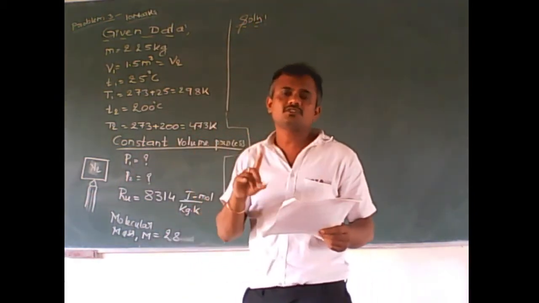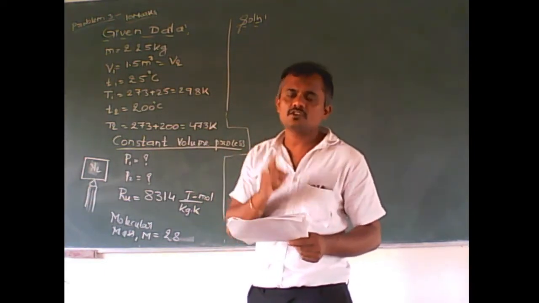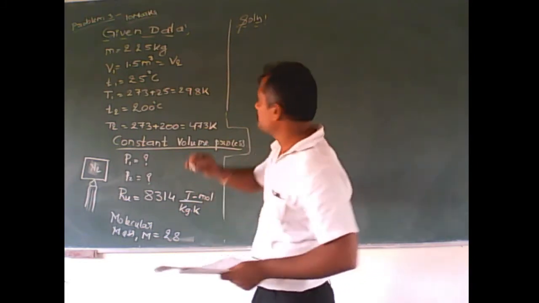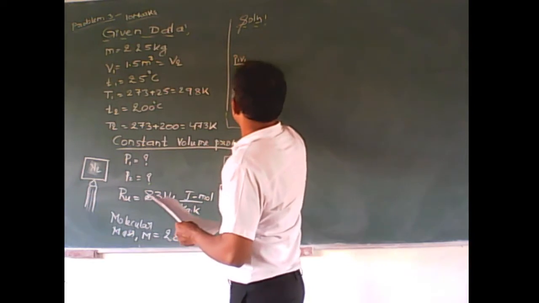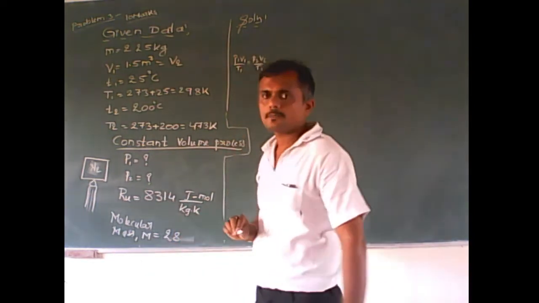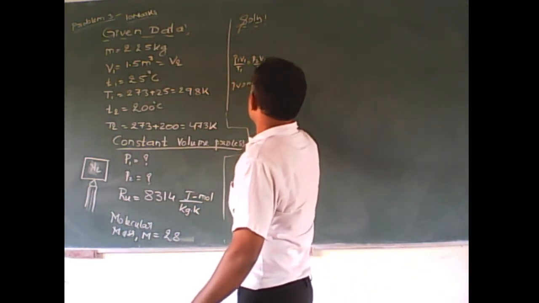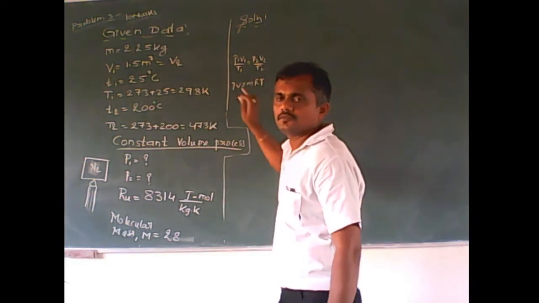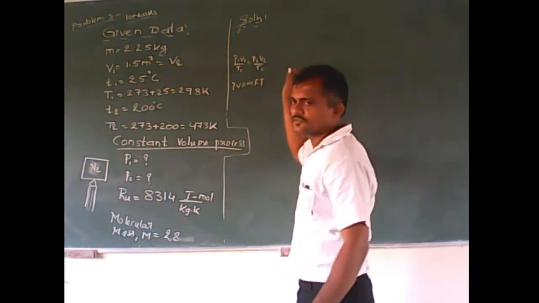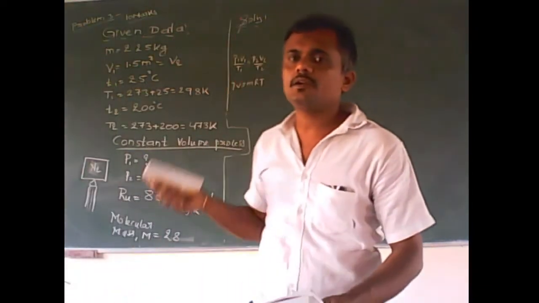P1 comes in which equations? You know P1 V1 by T1 is equal to P2 V2 by T2, and PV equals mRT. Here also we can find P1. So we can make use of any one of these equations to calculate the values of P1 and P2.